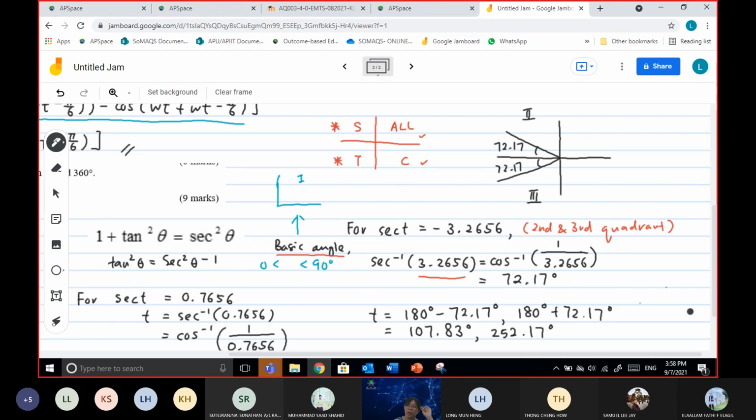Class, what is the reason that you should not include the negative sign over here? Let me explain this one.